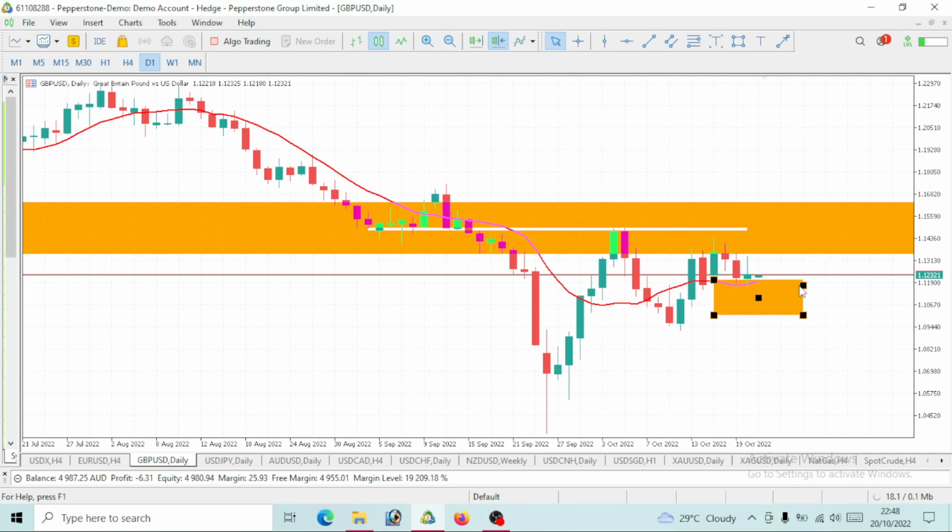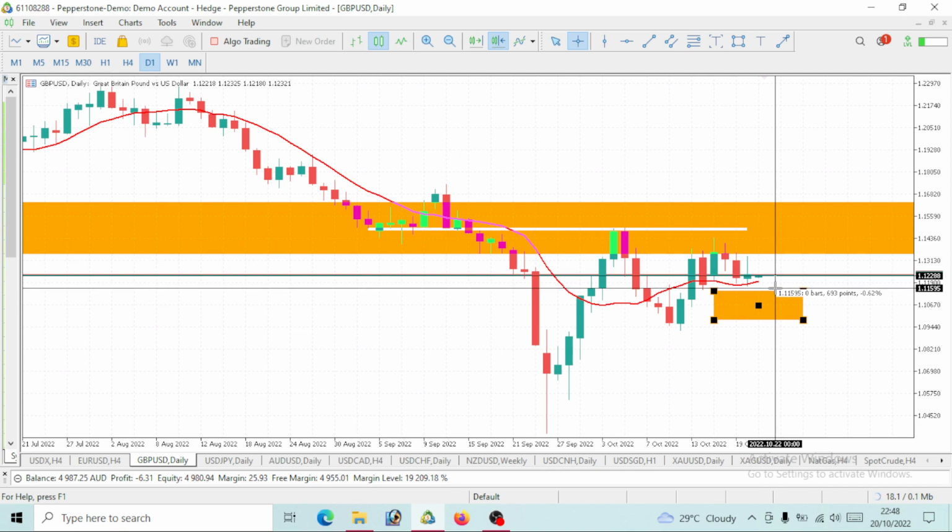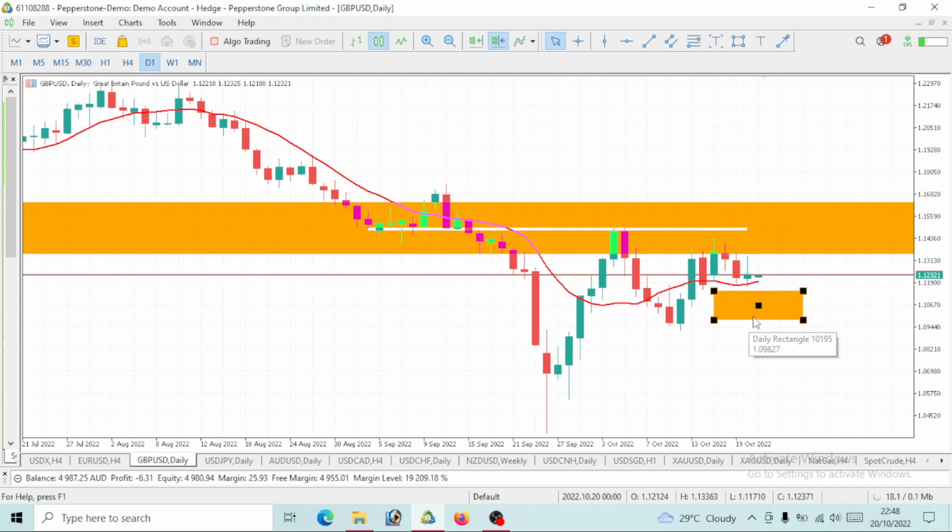So since this price is still above the 10 period moving average, it would be best for us to stay away from this trade, except it breaks below this moving average. And for it to break below, we still have close to 60 pips to be made before we can enter to short this trade.